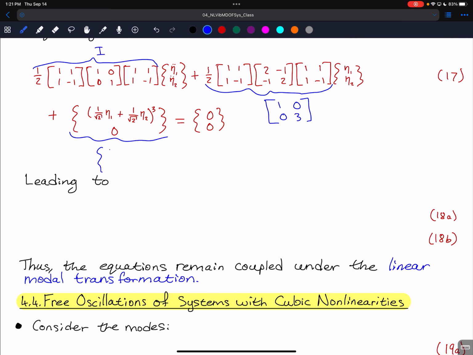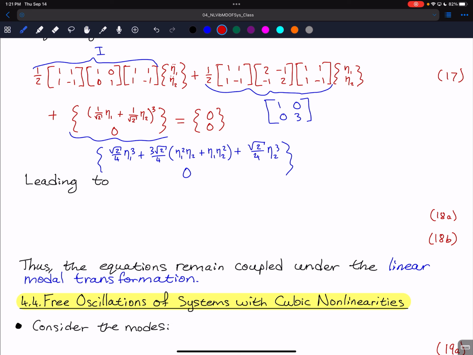We'll have the square root of 2 over 4 times eta 1 cubed plus 3 square root 2 over 4 times the quantity eta 1 squared times eta 2 plus eta 1 times eta 2 squared, plus the square root of 2 over 4 times eta 2 cubed, and then 0.